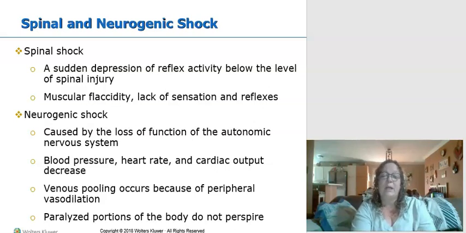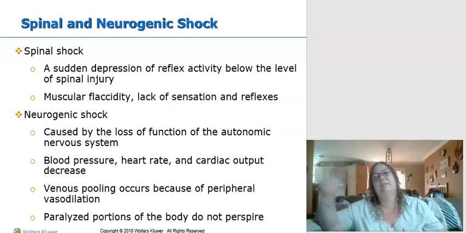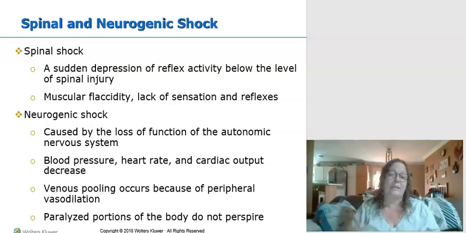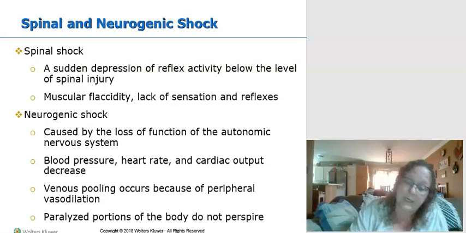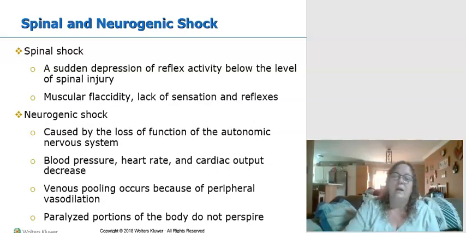Now remember, normally in your shocks, as you get hypovolemic, the first thing your heart does is speed up to compensate. But we've lost that kind of autonomic control, so we get bradycardia. So this is a difference from most of your shocks. So I would remember that, bradycardia and hypotension.